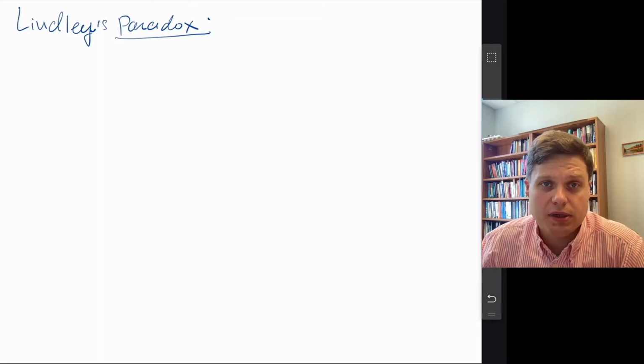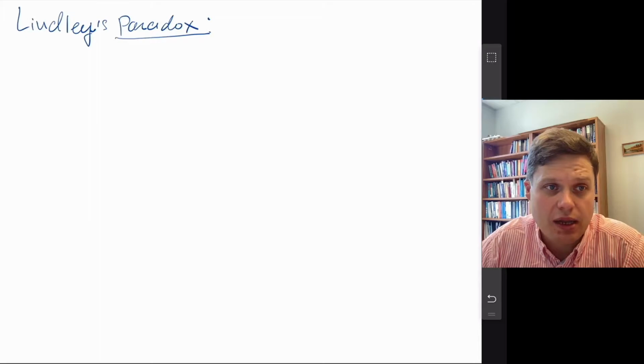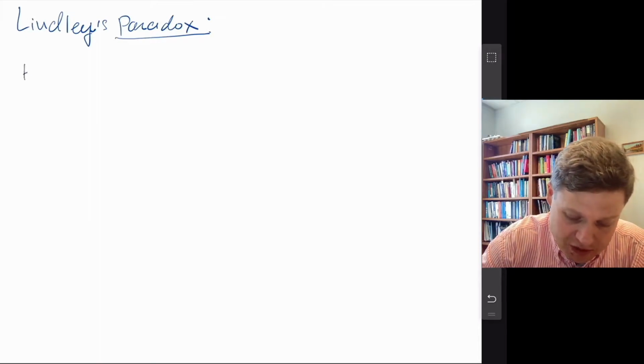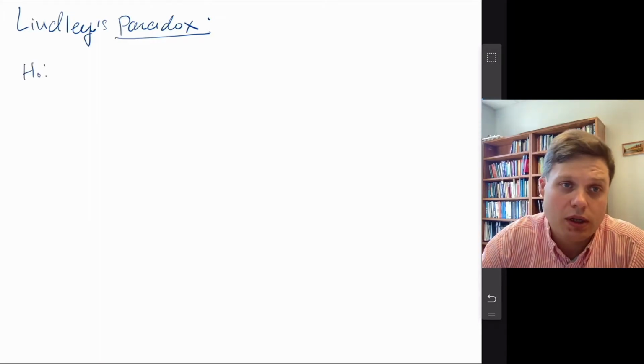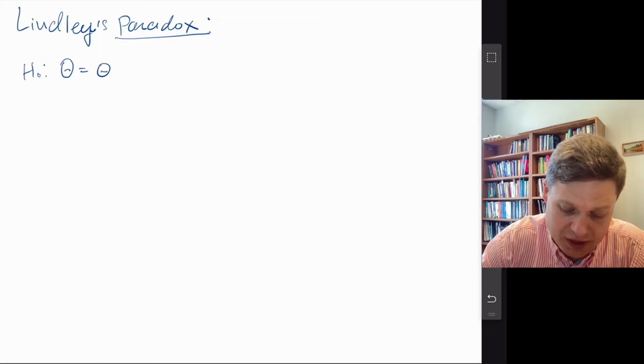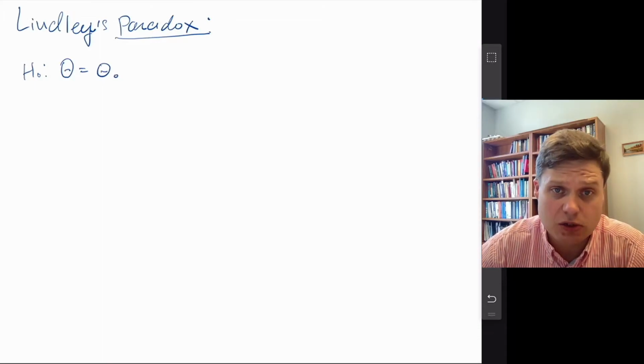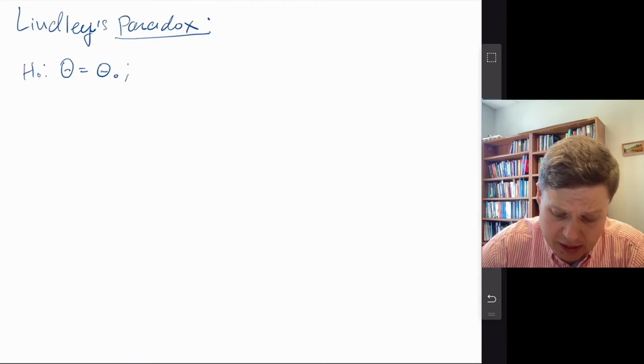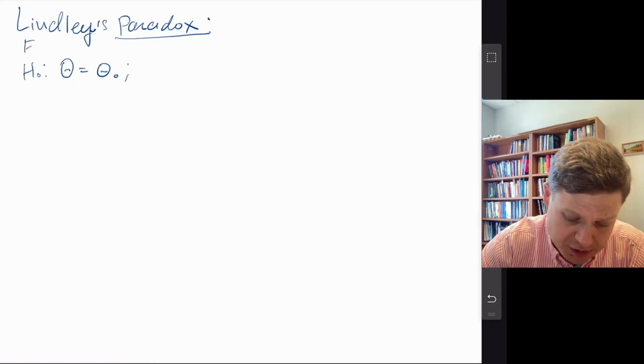If you remember, the frequentist approach starts with formulating a null hypothesis. So we have a null hypothesis H0 stating that the parameter theta, which we don't know, is equal to some null value theta 0.